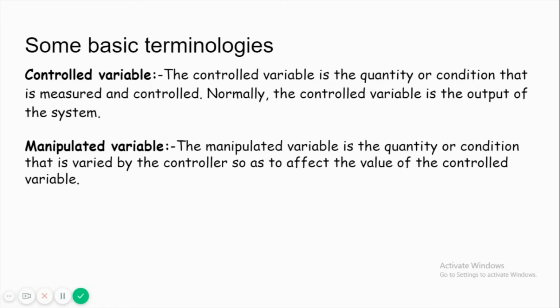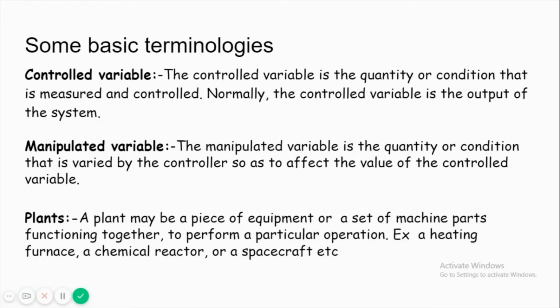The next term is plants. Plants and systems are an integral part of control systems. Plants are the main important dynamical part that produces an outcome when we give some input to that.